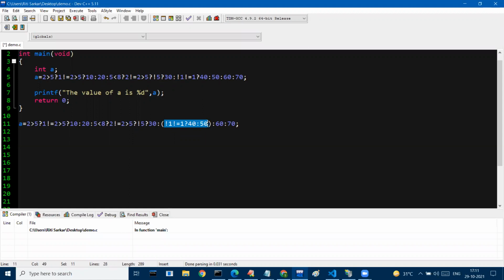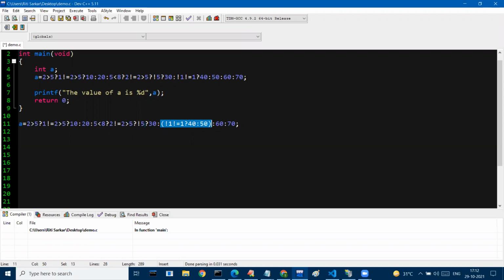Next, what is the next question mark? For that, this is expression 1, this is expression 2, and this is expression 3. For this question mark, this is my expression 2 and this is my expression 3. Then what about expression 1?